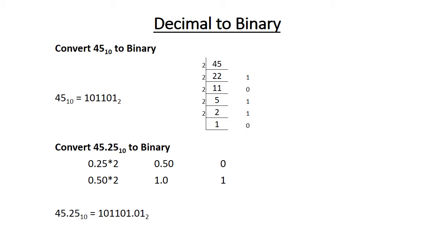You have to continue till the fractional part gets 0, or minimum 5 steps you have to continue. So 45.25 to the base 10 is equal to 101101.01 to the base 2.